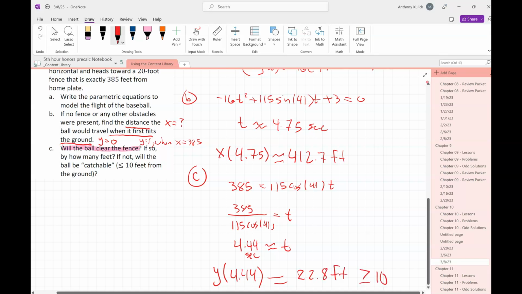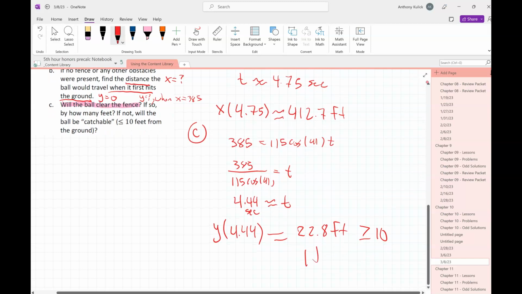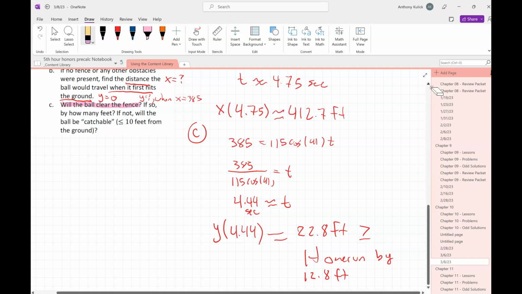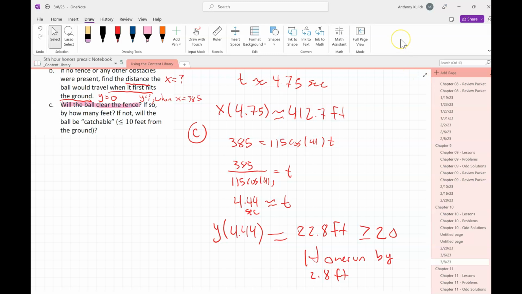And since that's greater than or equal to 10, it's a home run by 12.8 feet. Oh, it's 20 feet, not 10 feet, right? That was a 20 feet fence. So it's only 2.8 feet that it cleared the fence, but it's still a home run.